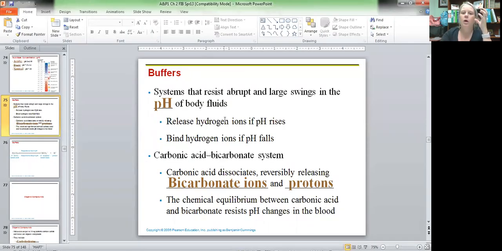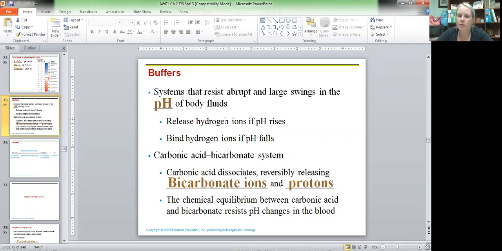So a buffer system is basically kind of what keeps the pH balanced. Okay. You probably know the pH stands for power of hydrogen. The more hydrogen ions something has, the more acidic it is. The less hydrogen ions that something has, the less acidic it is, the more basic it is.